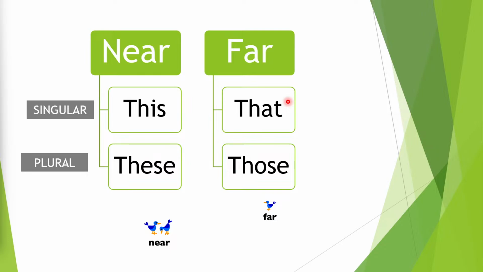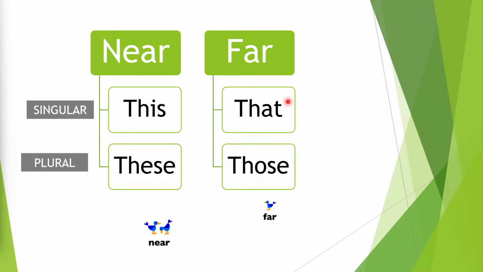We have to pay attention to whether we are saying something that is near or far, or even when I am talking, I can refer to situations. If I am experiencing something very near in my life, I can say this. For example, this situation is wrong. A situation is not a thing, not an object.